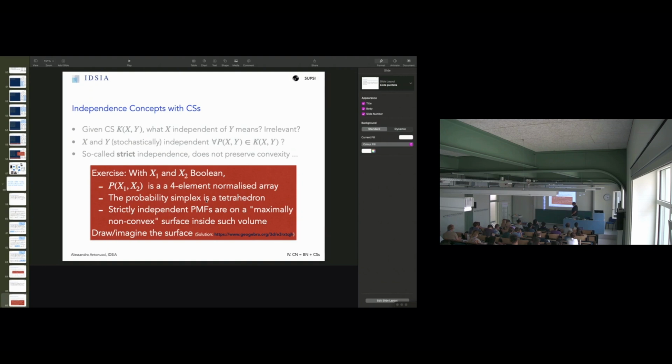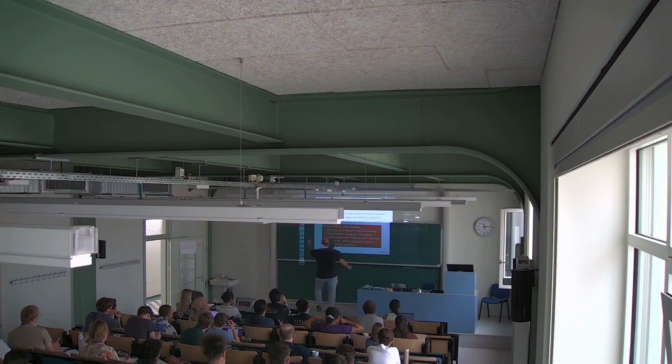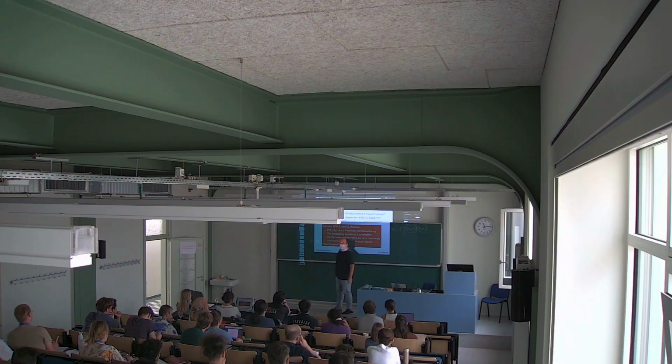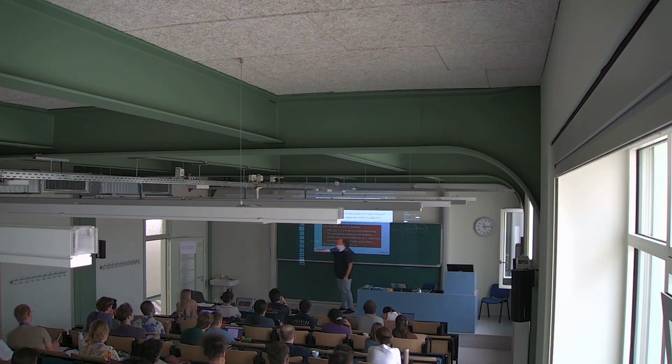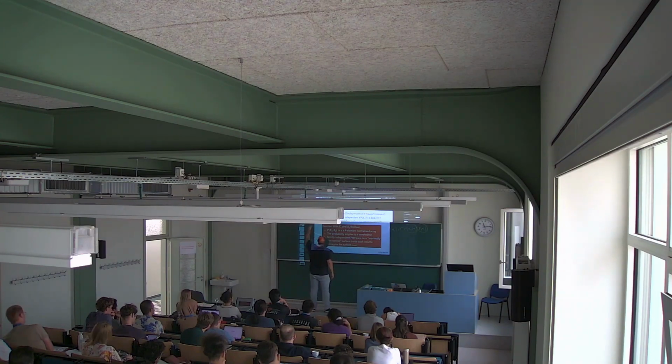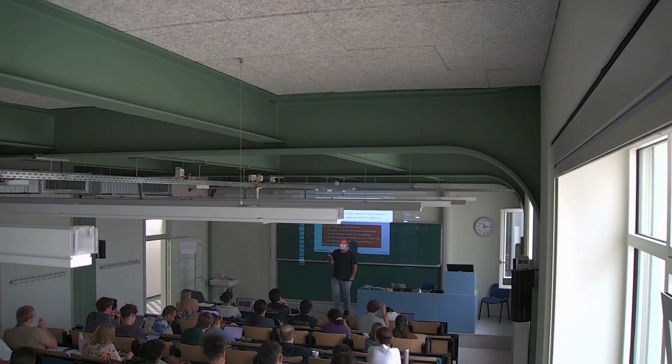That's why you can represent a probability of x1, x2, which is a quaternary variable, as a point in the 3-dimensional space. For instance, these are the first 3 states, false-false, true-false, false-true. So you can represent it in a 3-dimensional space, and you can consider the probability simplex.